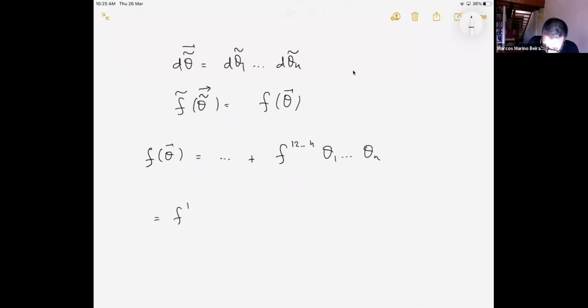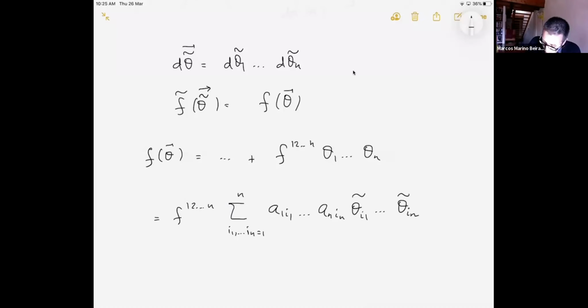I get f of 1 up to n, and each of these thetas is going to be a linear combination of the theta twiddles. So I will have something like sum over i_1 up to i_n from 1 to n, and then A_{1 i_1} up to A_{n i_n}, and then theta twiddle i_1 up to theta twiddle i_n.